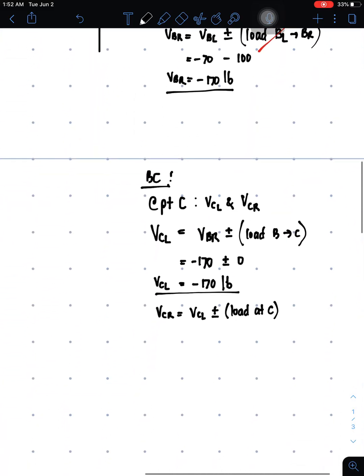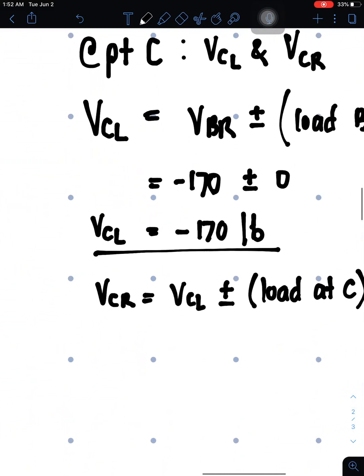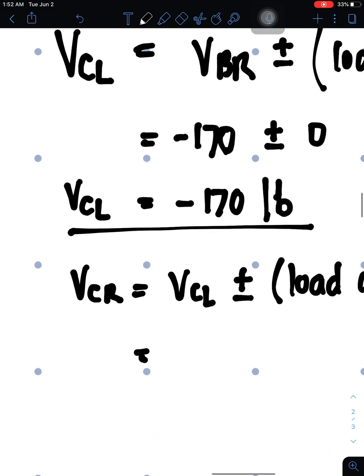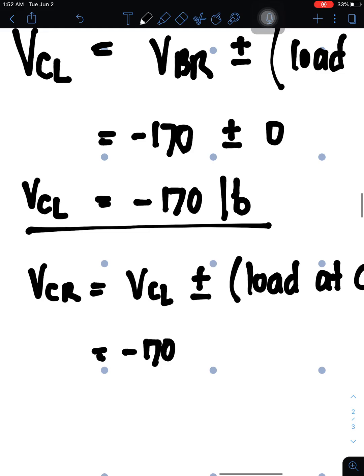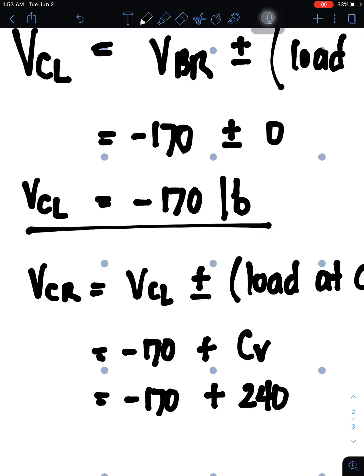So copy negative 170, then it's upward, so positive CV, and this is negative 170 plus 240. No, not 240, but 410.